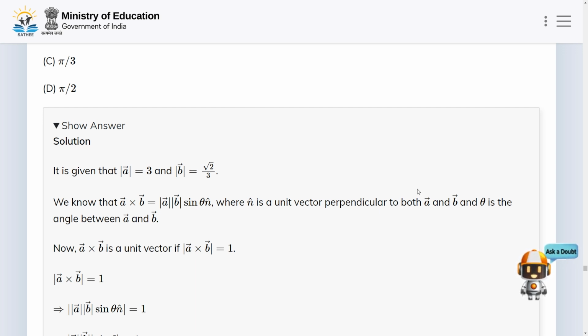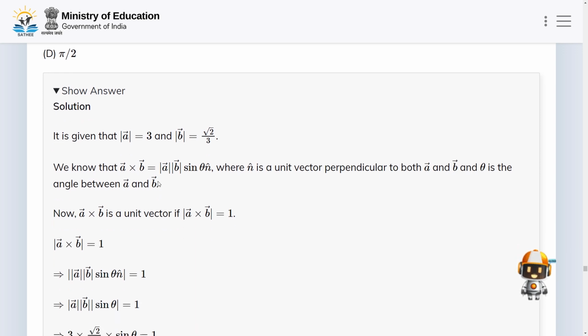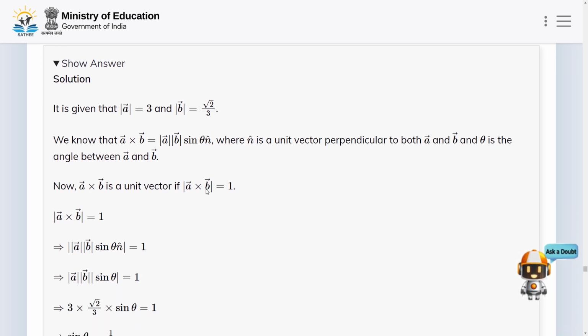Perpendicular to both A and B. Now, you know the magnitude of A cross B is equal to 1. Now apply the modulus on both sides. You will have the magnitude of A multiplied by the magnitude of B multiplied by sine theta n cap is equal to 1.